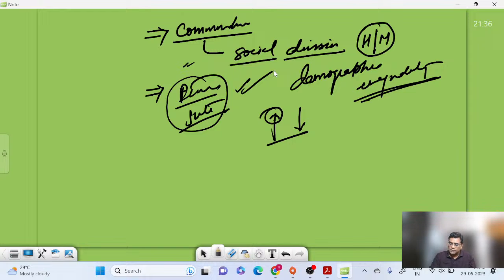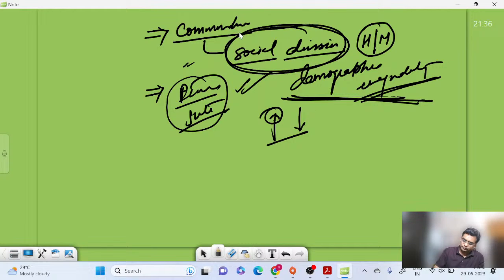Bengal united is a power and Bengal divided will pull Bengal in several different ways. So demographic inequality is a very important fact. Right? Social division of Bengal. Then at the same time, Curzon officially said that Bengal is a large state. So in order to have better administrative manageability, we need to divide Bengal.